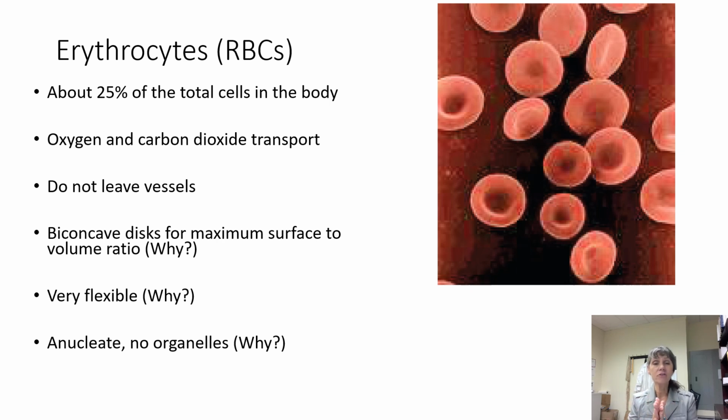That's why it's referred to as concave, biconcave discs, and that allows for a maximum surface to volume ratio. Why would that be important? Well, the more surface area there is, the easier it is for oxygen to diffuse and carbon dioxide diffuse from the outside of the red blood cell to the inside where it can bind to a carrier.